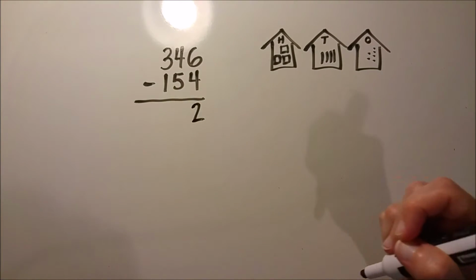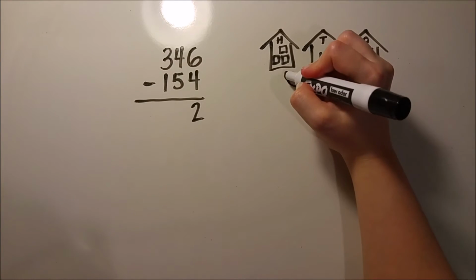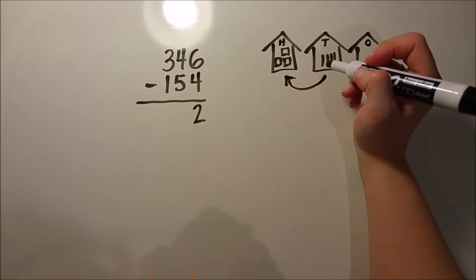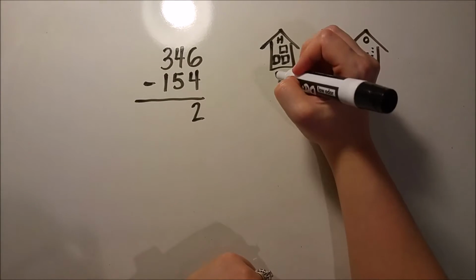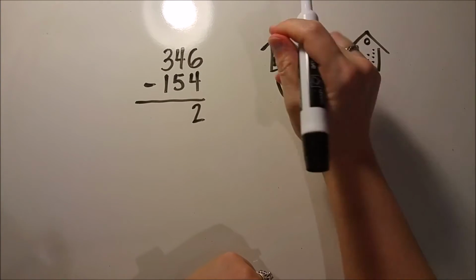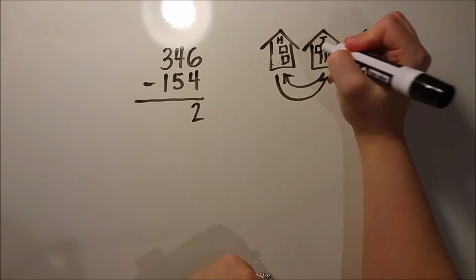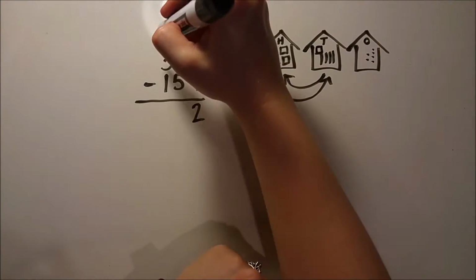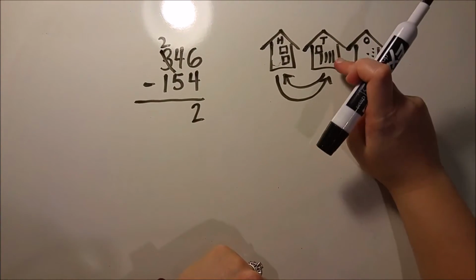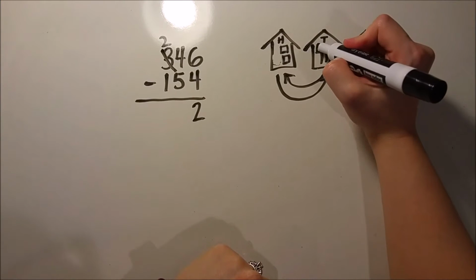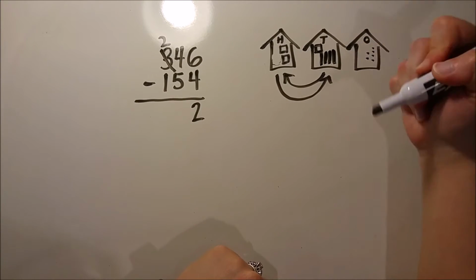4 minus 5. Oh, the tens need a little bit of help. Next door, knock, knock, knock. Excuse me, hundreds. I need a little help. So the hundreds send 1 back. Okay, so we only have 2 hundreds left in their house right now. And in our tens, there's 100 and 4 tens.